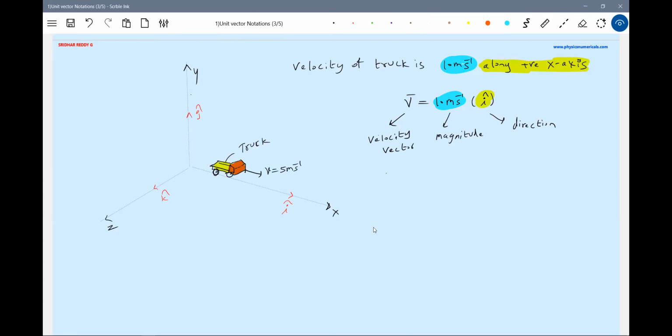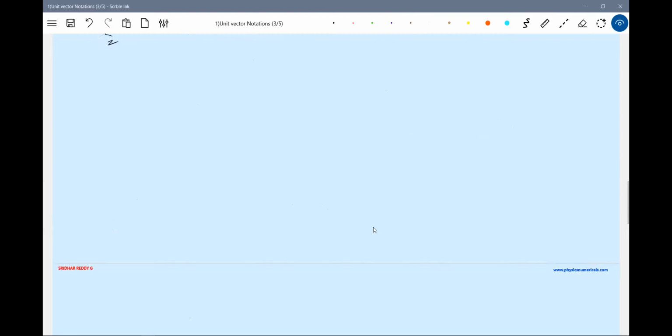Now, sir, what is the use of this? Why are you giving so much priority to this unit vector? Let's take one example. Suppose I have two vectors. There's a y-axis, x-axis. So we know there's a unit vector i cap, there's a unit vector j cap.